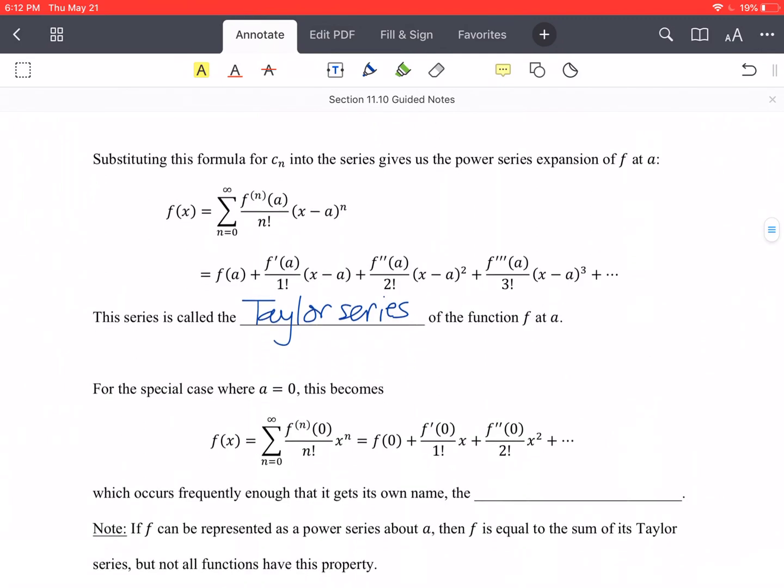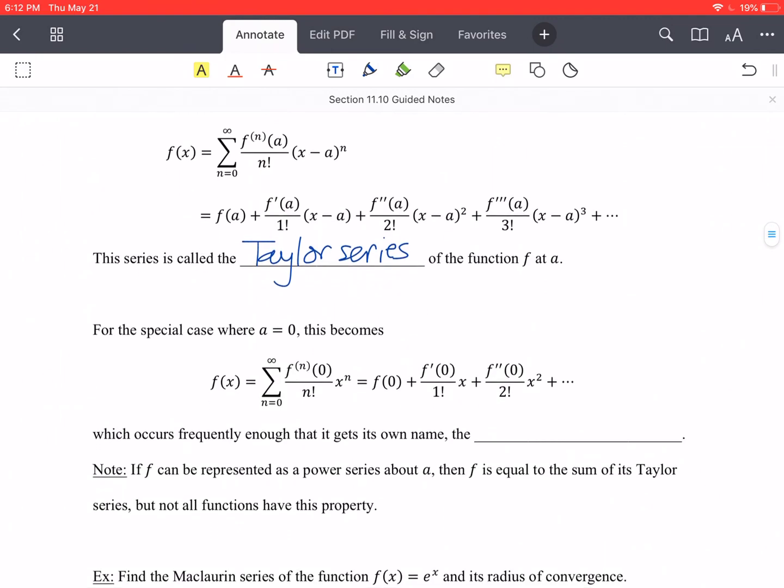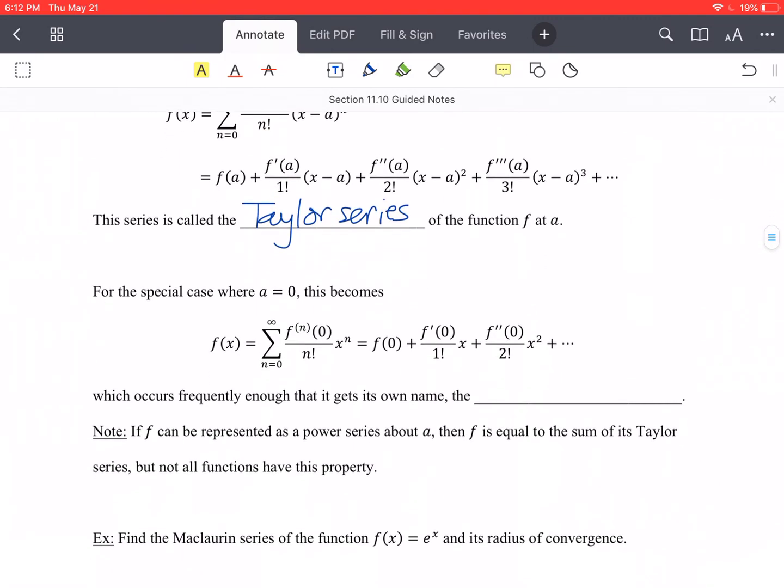Okay. And for the special case where a equals 0, we get this series down here, f of 0 plus f prime of 0 over 1 factorial times x. So basically the minus a's all go away, and then that pattern just continues. This one occurs frequently enough that it gets its own name, and this is the Maclaurin series.